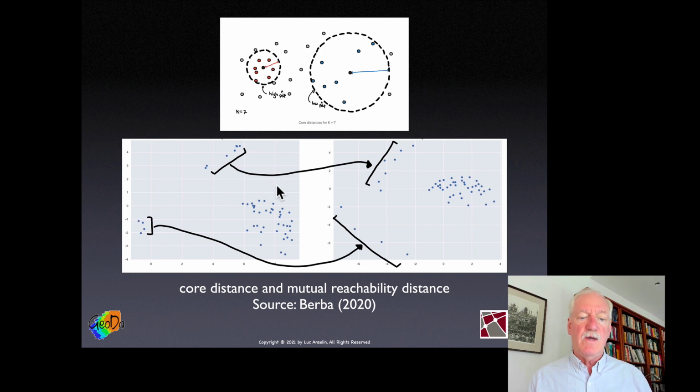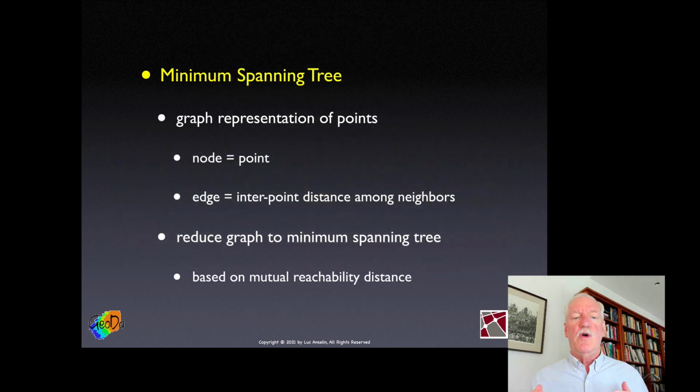And you can see this in this kind of visual representation. Here is a high density region of the points, which doesn't change that much in terms of the relative positioning, whereas these points in a low density region get pushed out, so to speak. And so the essence is that the actual distances are replaced by this new concept, a mutual reachability distance, and that then is used to construct a minimum spanning tree.